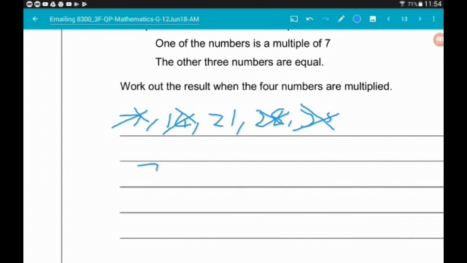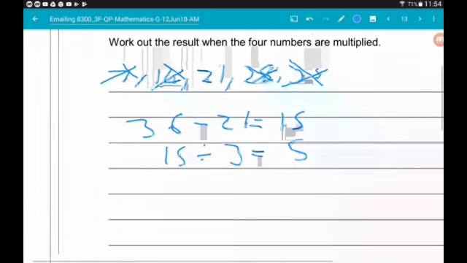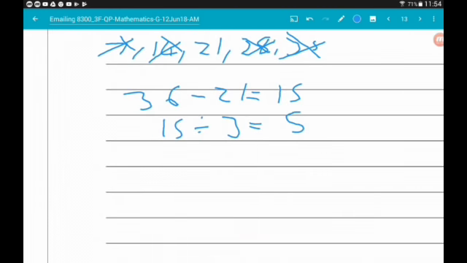So 36 minus 21 is 15. 15 divided by 3 is 5. So our 4 numbers are 5, 5, 5 and 21.